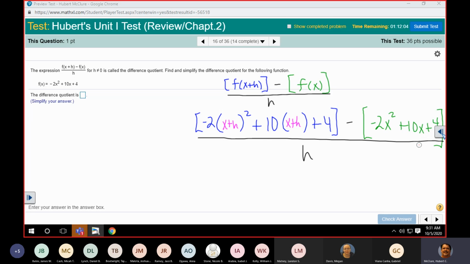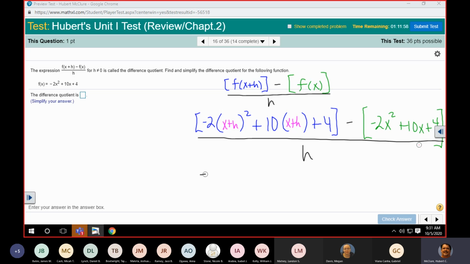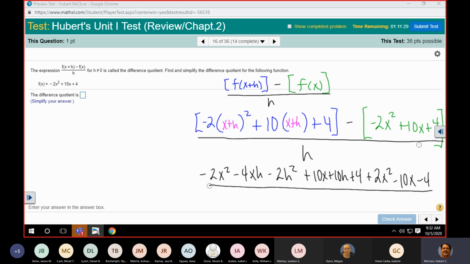And I'll do one more step for you because I know my shortcuts. That's going to be -2x squared minus 4xh minus 2h squared. Y'all check me on that because I did it in my head. Plus 10x plus 10h plus 4 plus 2x squared minus 10x minus 4, all over h. And the 2x squareds cancel, so I got that much right.